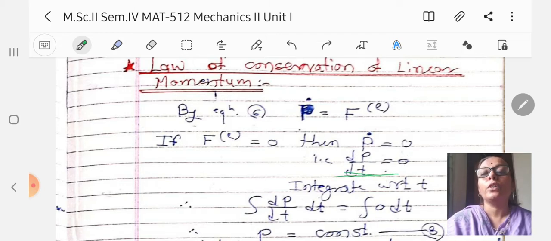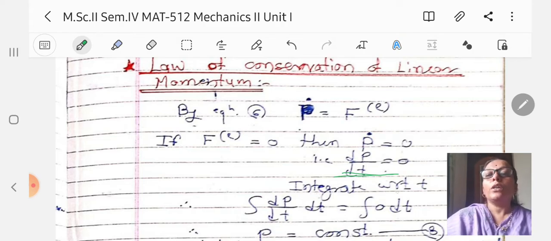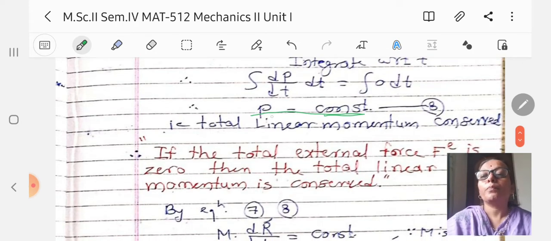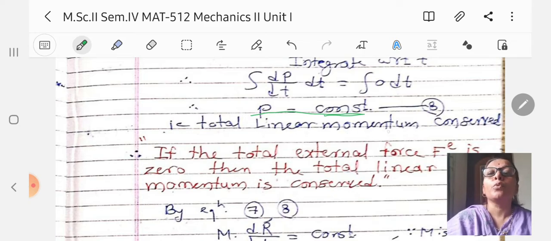Now integrate this equation with respect to t: the integration of dp by dt dt equals the integration of 0 dt. Here the derivative and integration get cancelled, and the integration of 0 is a constant. Therefore we get P equal to constant. Suppose this is equation number 8. Therefore the total linear momentum is conserved.